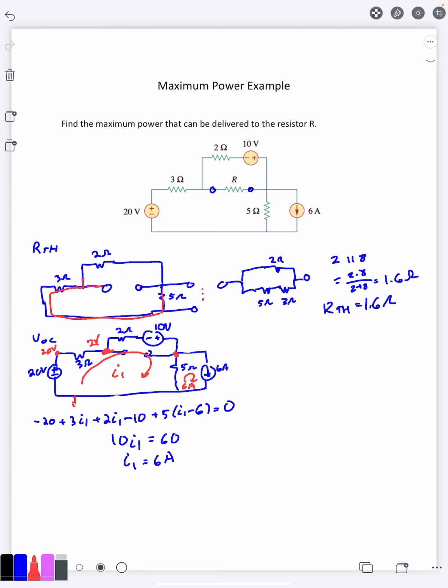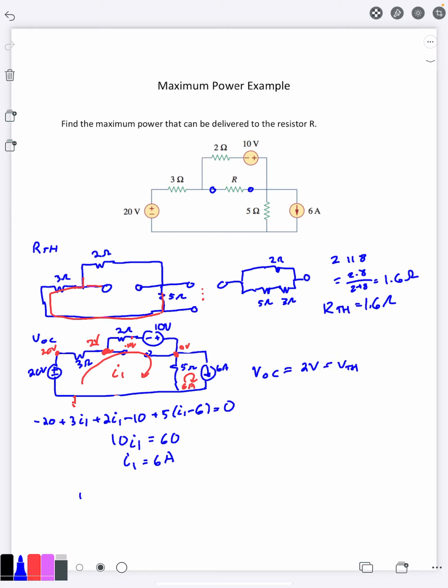So 6 times 2 is going to be a 12 volt drop, which is going to be negative 10 volts. And then notice how we now gain 10 volts here, so it's going to be up to 0 volts. And so now the difference between those 2 points is 2 volts minus 0 volts. My VOC is going to be 2 volts here, which is the V Thevenin.